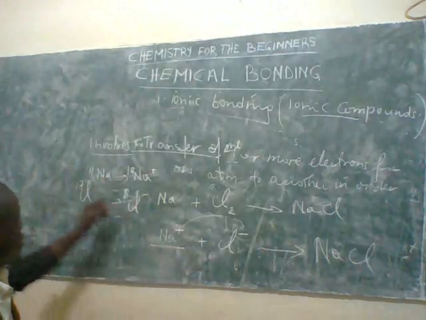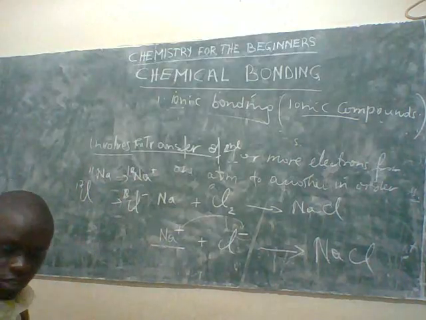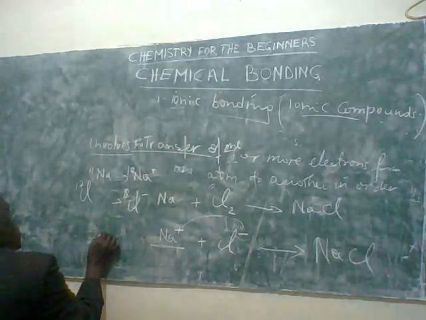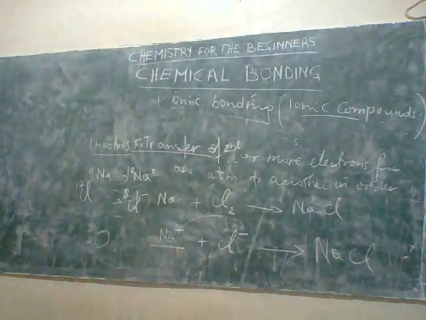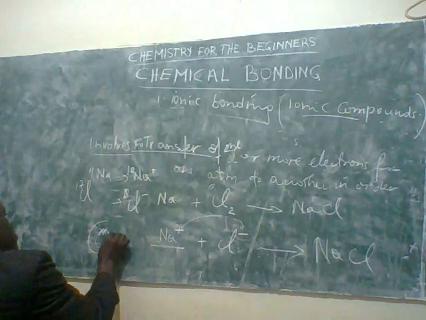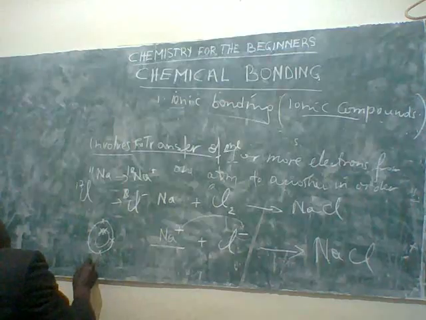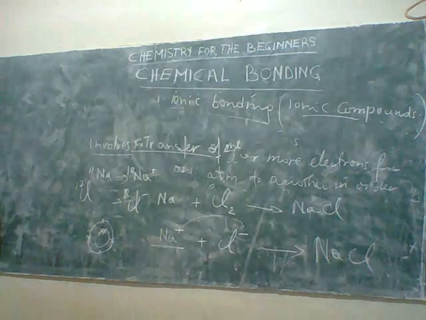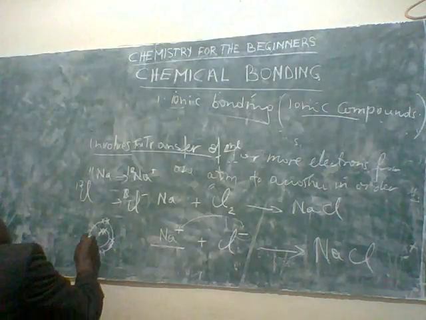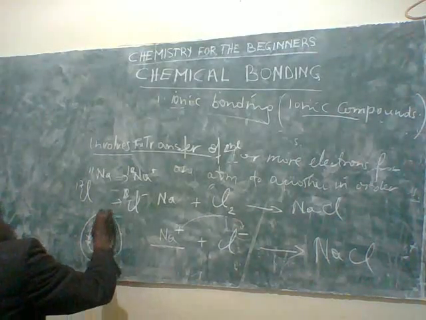What it means to become stable for sodium, let me show you. Sodium was like this. It has 1, 2, 3, 4, 5, 6, 7, 8, 9, 10, then 11.